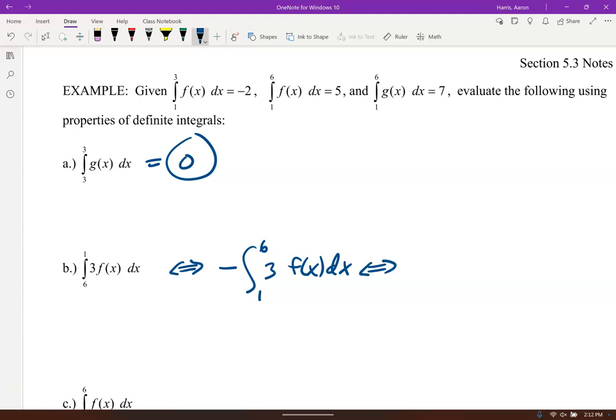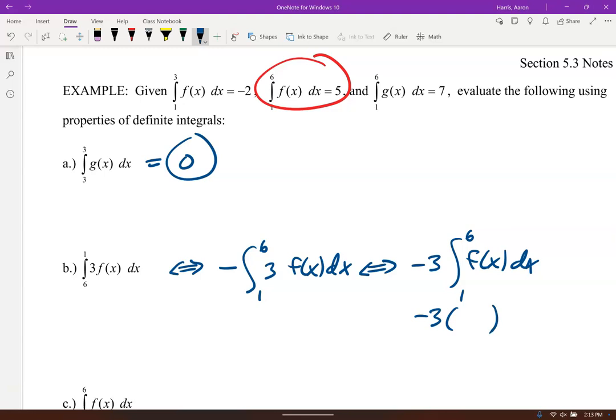And then we'll put that 3 out with the negative, because I have f of x dx. All right, I have f of x from 1 to 6. See how that's 5? So I got negative 3 times that 5. So that just ends up being negative 15.